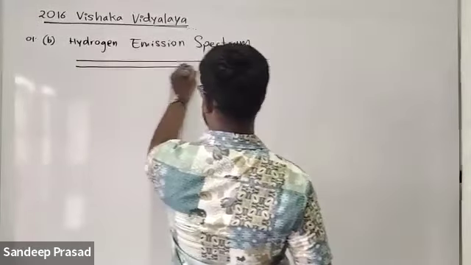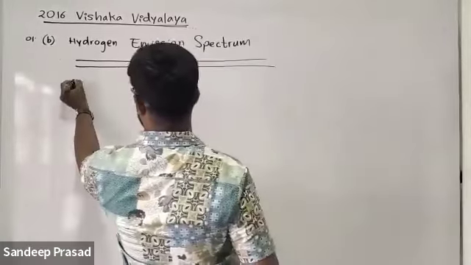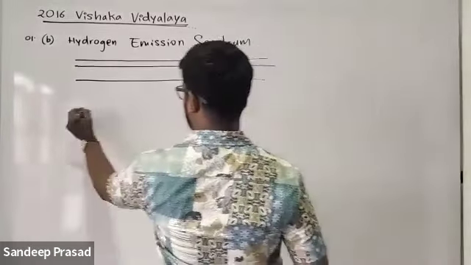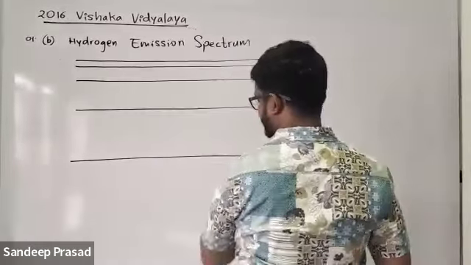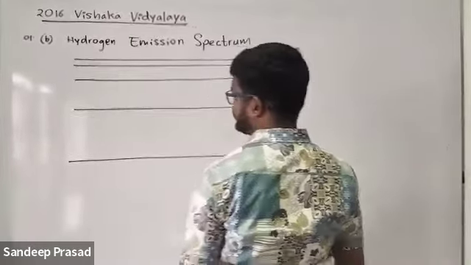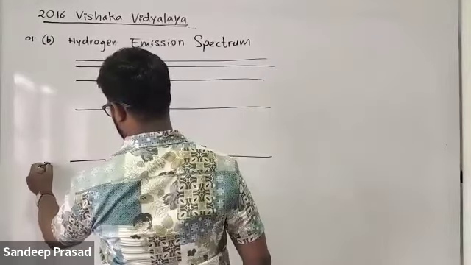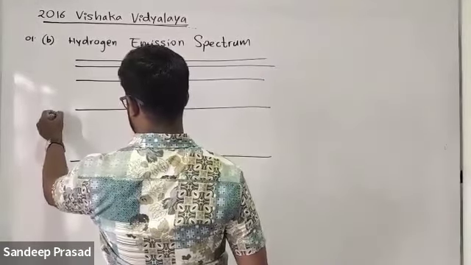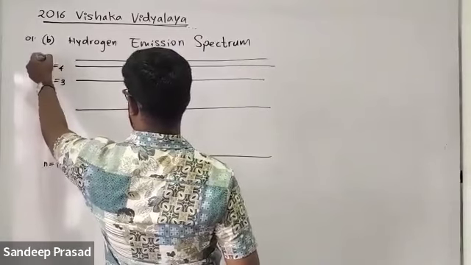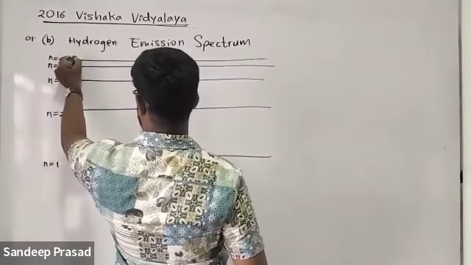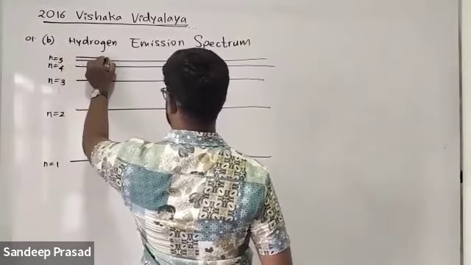The lines are also given: n equal 5, 4, 3, 2. Let's consider the bottom one as n equal 1, 2, 3, 4, 5, and then we have n equal infinity.